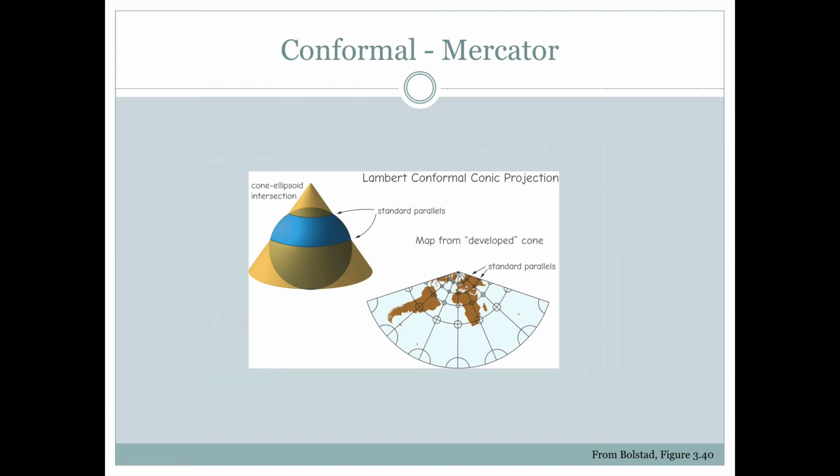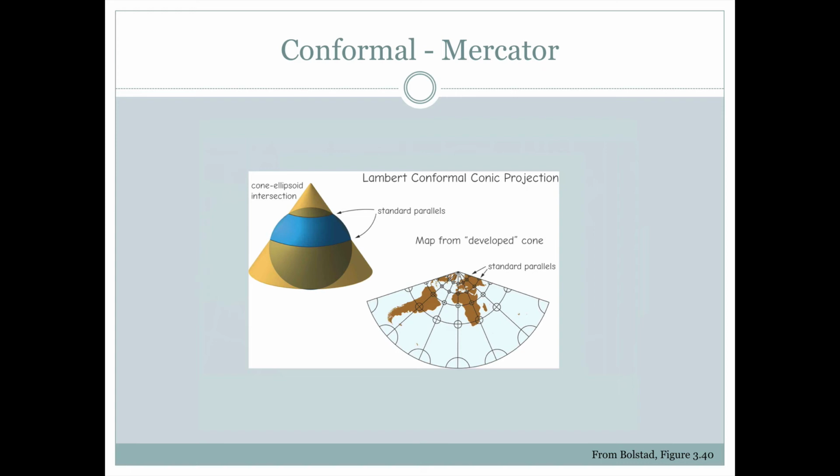Another type of conformal map projection we can do is on a cone instead of on a cylinder. In this example, this is a Lambert conic conformal map projection. Basically it means we're first projecting onto a cone, and then that cone is being flattened out, and that's how we get the map projection. We can see in the example here they're using two standard parallels.